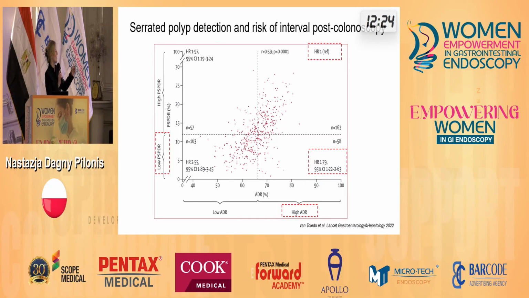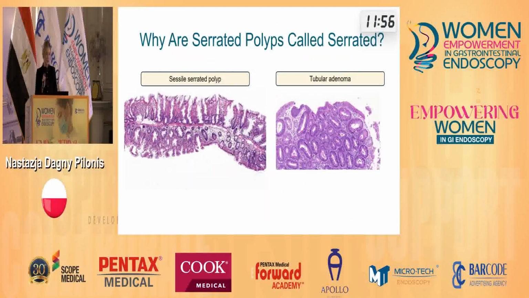You can see in the down right square the hazard ratio for those who are very good at detecting adenoma, so they have a higher adenoma detection rate, but low detection of serrated lesions. Their patients have a higher risk of post-colonoscopy colorectal cancer, so cancer after a colonoscopy which was negative, where no lesions were detected. So it only emphasizes why it is important to be aware and be able to detect those lesions.